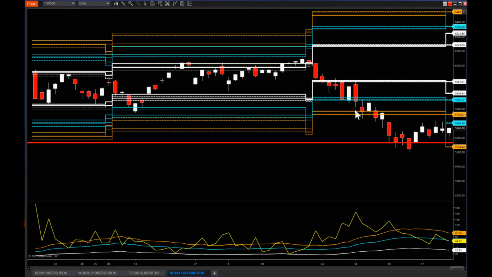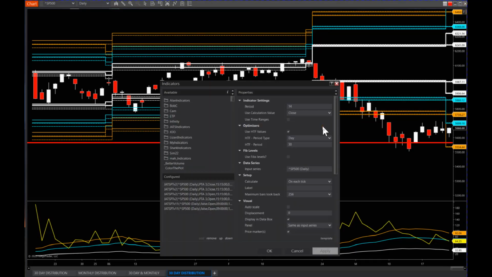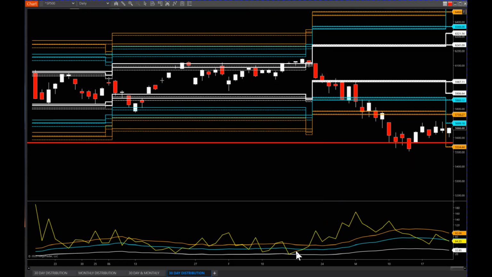So here is the 30-day range, and yeah, this is a 30-day distribution. The monthly is on a different chart, but you get the point.